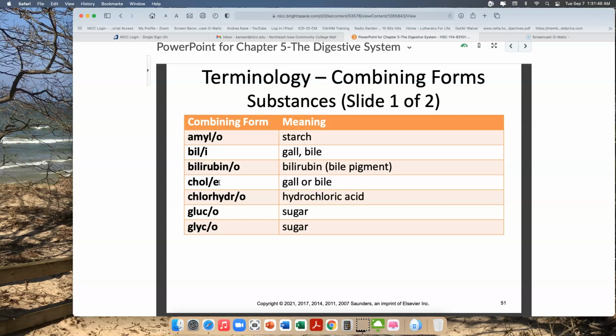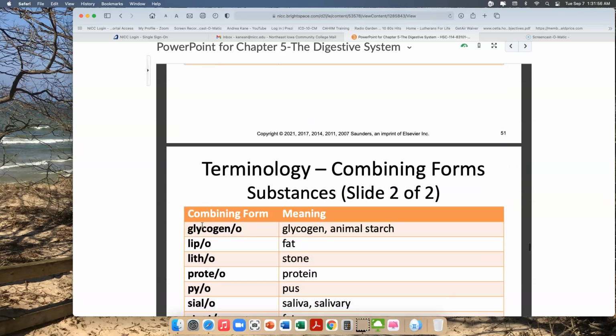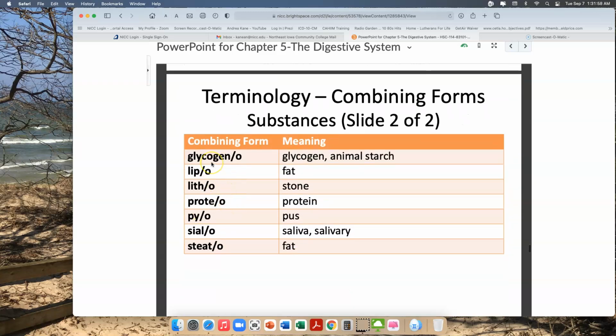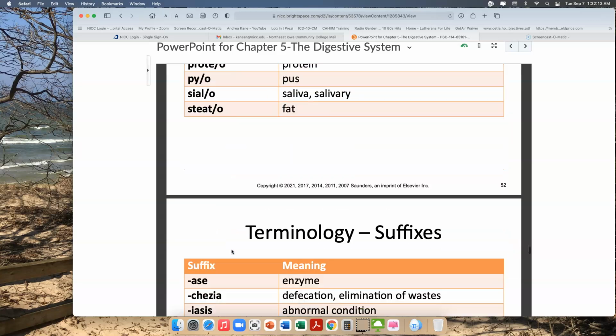And they both have something other than an O as their combining form. Chlorohydro, gluco, glyco, both mean sugar. Gluco and glyco both mean sugar. Glycogeno means glycogen, so that's not sugar. It's an animal starch. Lipo, litho, proteo, pio, cialo, steato.